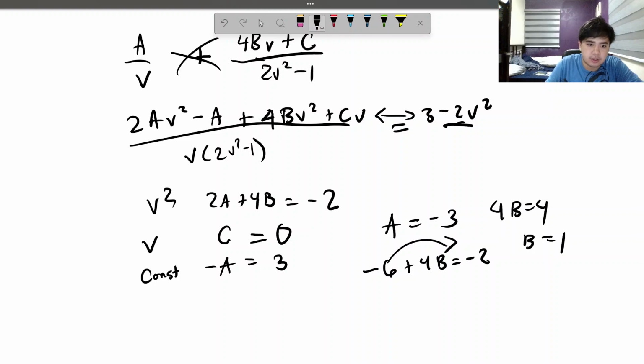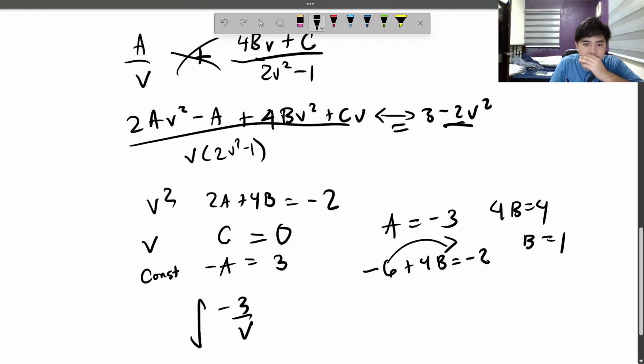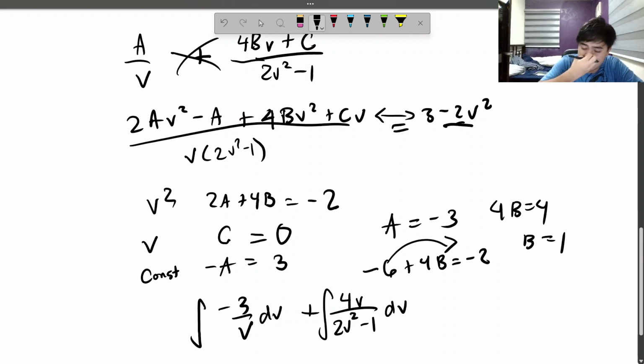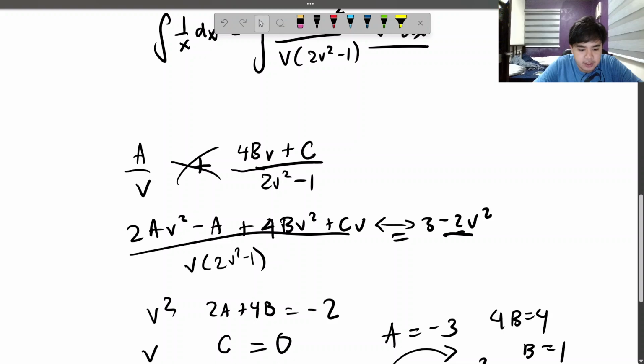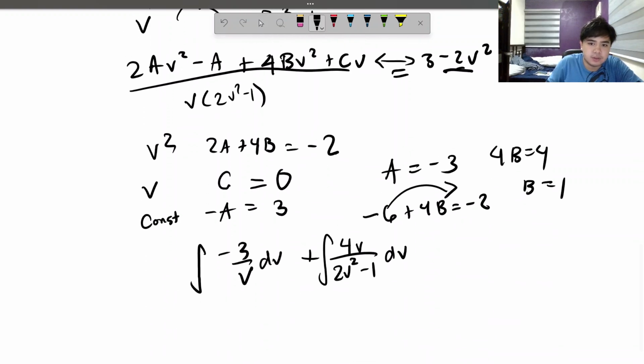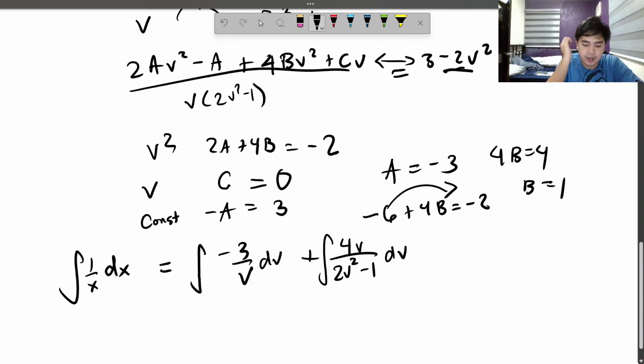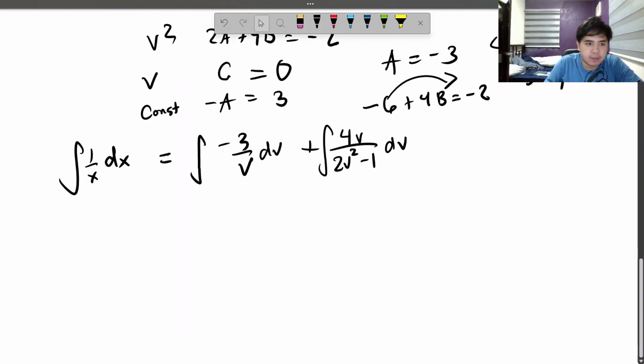So let's reconstruct the integral. Negative 3 over v dv, or that's just v prime dx, same thing, plus 4v over 2v squared minus 1 dv, and c is nothing, so we can ignore it. And let's put integral of 1 over x dx there as well. Okay, so let's integrate both sides. Integral of 1 over x, easy, ln x.